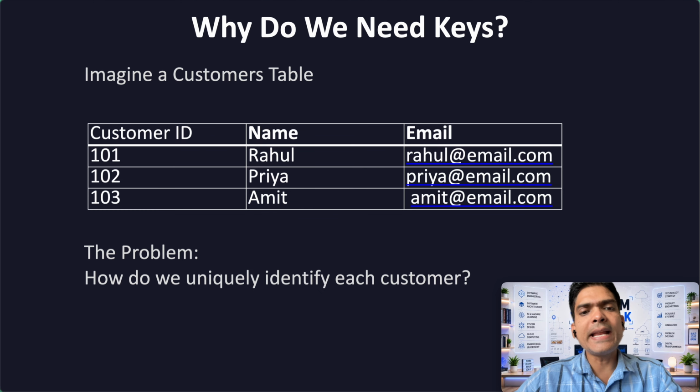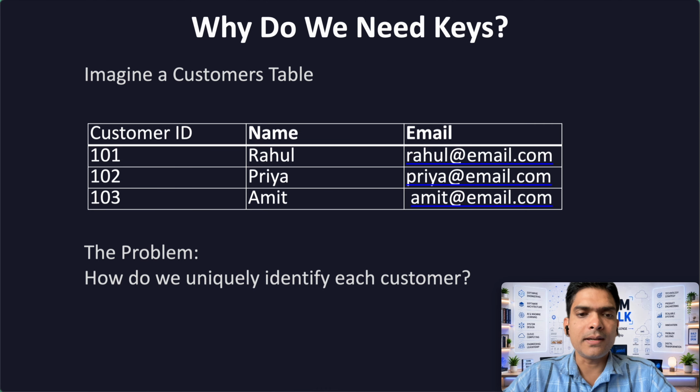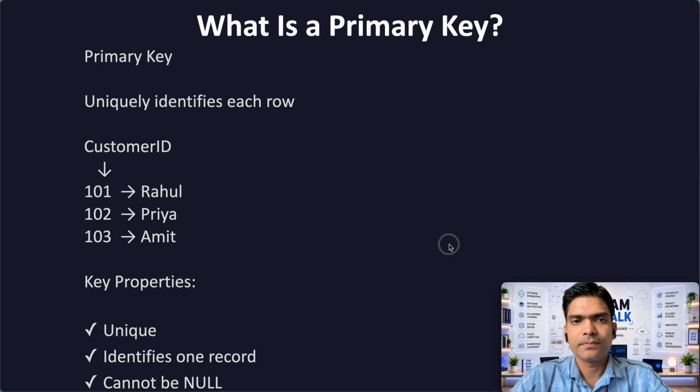We could use an email address, but depending on our business rules, that may not be the best identifier. So we need something that uniquely identifies each record. That's the job of primary keys.